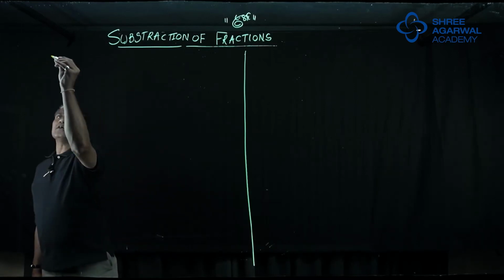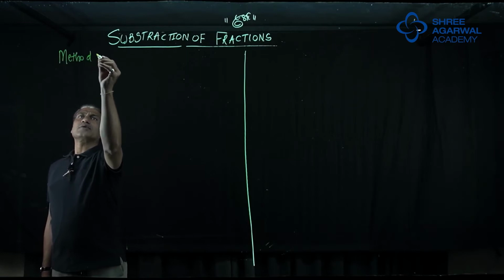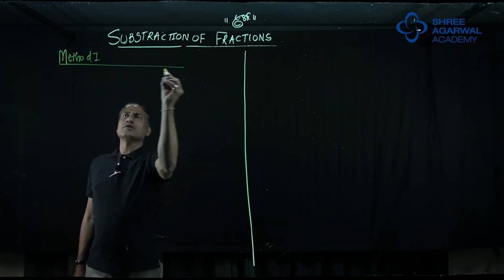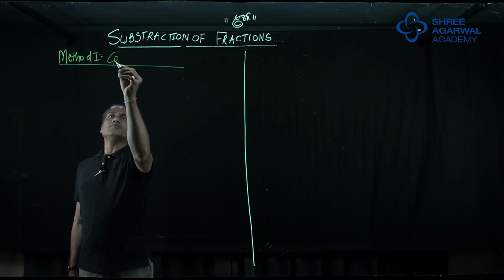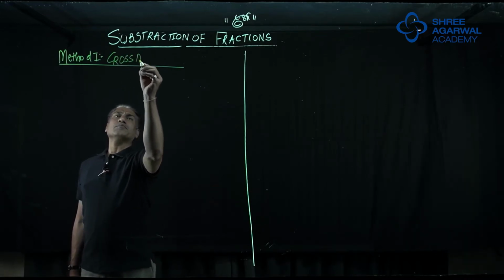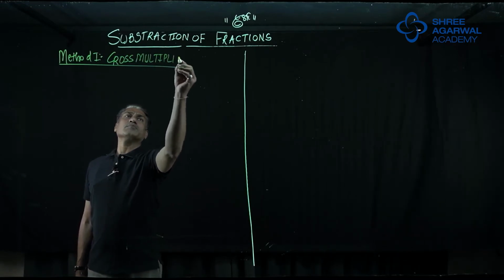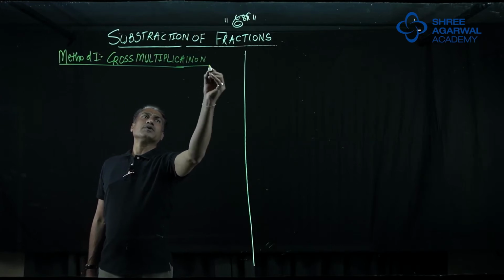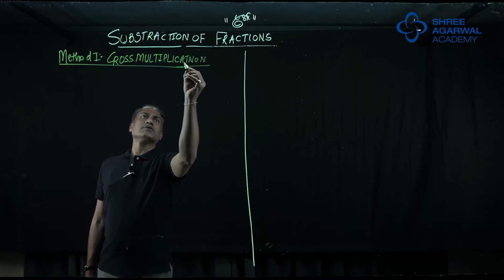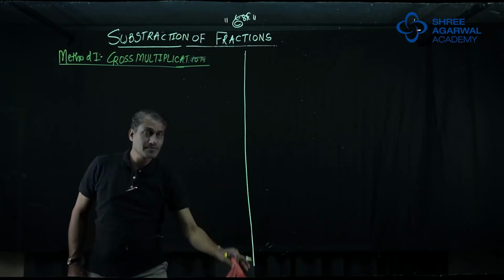So I would write here method 1, cross multiplication method.